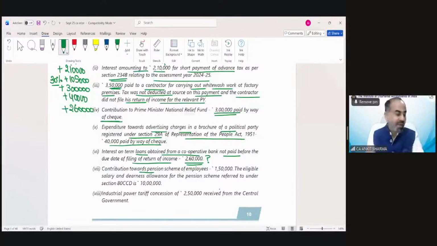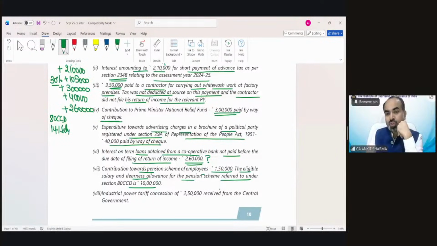Contribution towards pension scheme of employee, 1,50,000. The eligible salary and dearness allowance of the pension scheme referred to under section 80CCD was 10 lakh rupees. This provision was also in the format. Today we have discussed it. As per section 80CCD, you can claim 14% of salary as deduction.